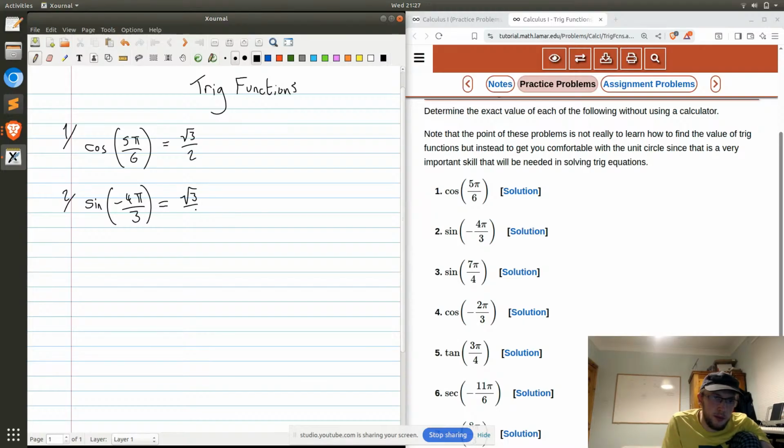And try this one. Sine of 7 pi over 4. So that's 1 and 3/4 of pi. Half a pi. Minus root 2 over 2.